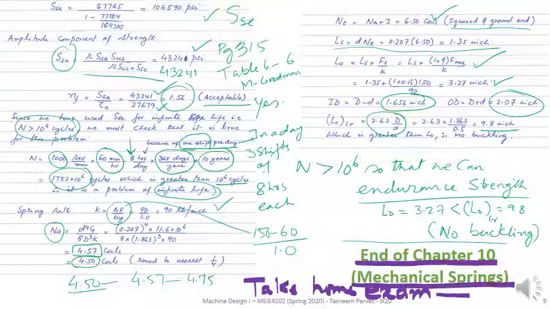I will tell you the date, and once the date is there, you are going to pick the exam, and then you will have a couple of hours to solve it and scan it and then upload it on the Moodle. You will get all the information about the exam. That will be on mechanical spring. The percentage of this will be somewhere between 10% to 15% of the grade.